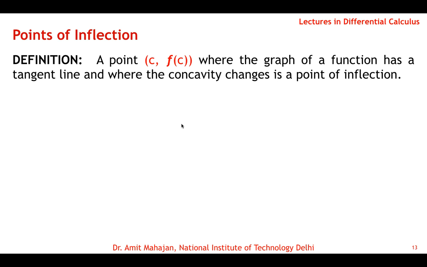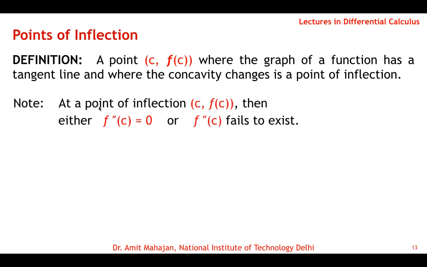If the concavity changes and there is a tangent line there, then this point becomes a point of inflection. It is easy to note that at a point of inflection either the second derivative is 0 or the second derivative fails to exist. The converse may not be true. If you calculate the second derivative and find some x where it is 0 or fails to exist, that does not mean it is a point of inflection.